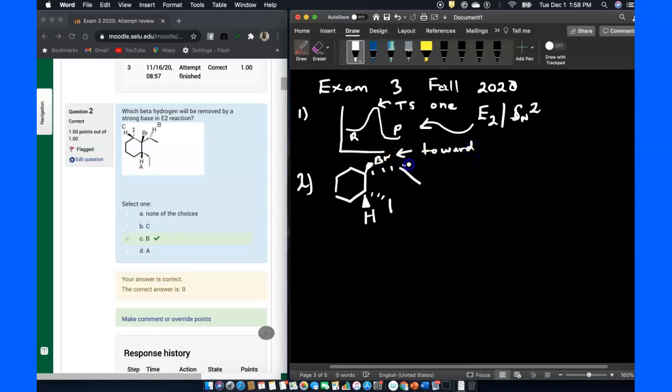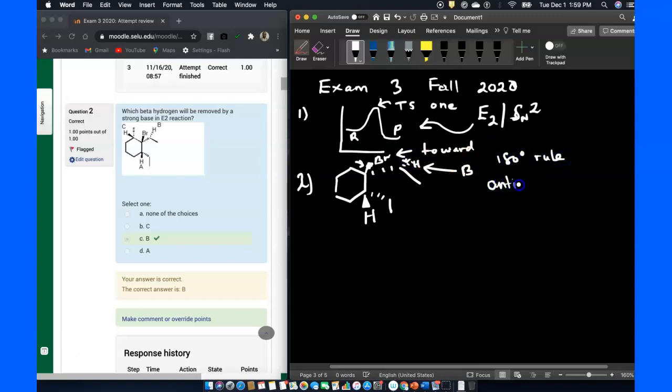So the best hydrogen to be removed is one that is anti-coplanar, which is hydrogen B, because it's opposite in geometry. See, that's towards and this is away. That goes with the 180 degrees rule.